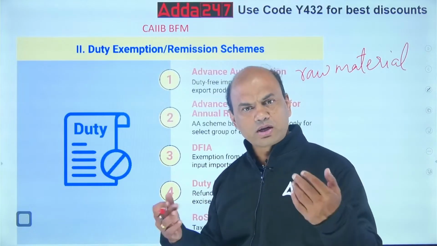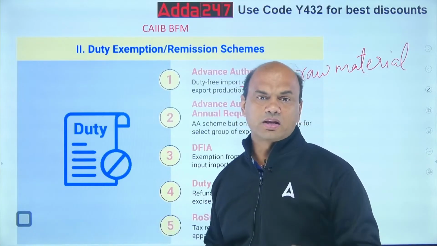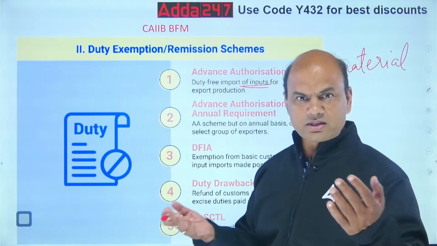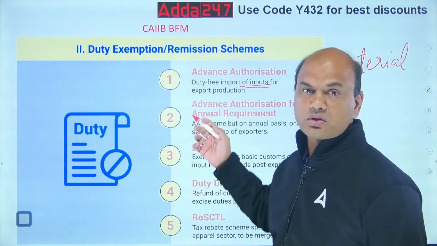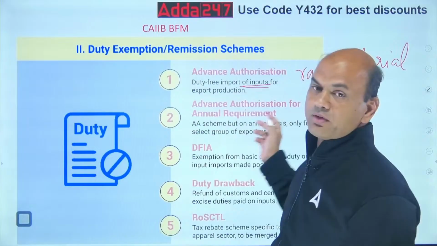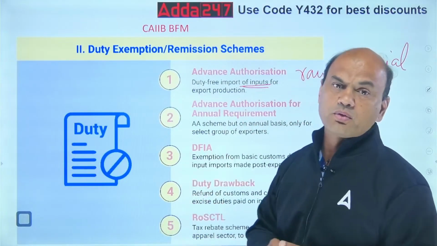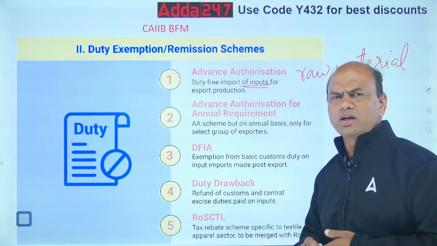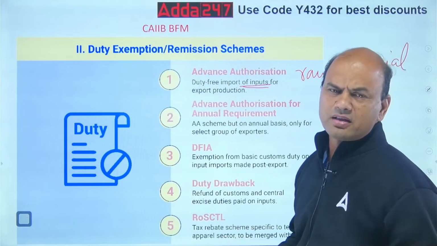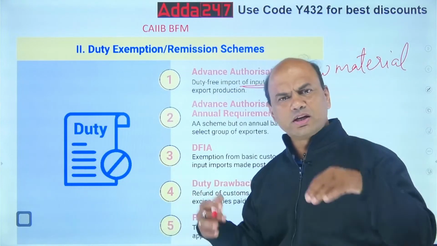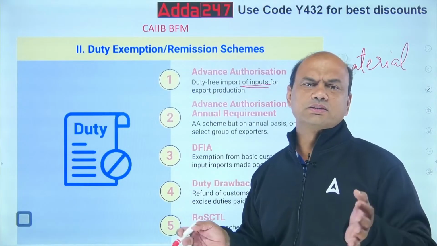So we have to get the inputs or raw material from there. Those raw materials are purchased at a lower cost and then manufactured and assembled together over here. You will say, sir, then what is make in India? Everything is brought from outside and we are just assembling it.